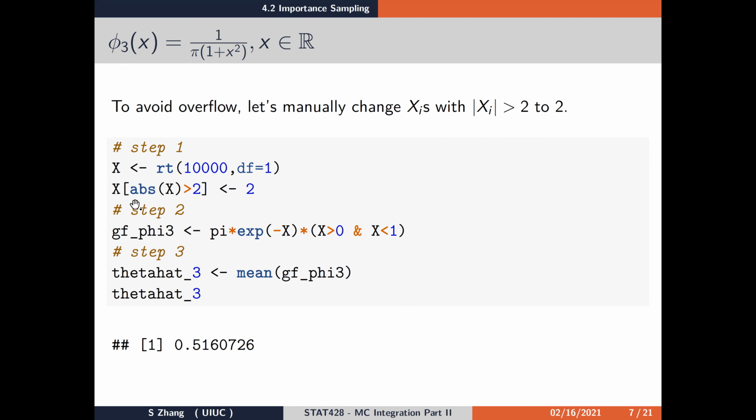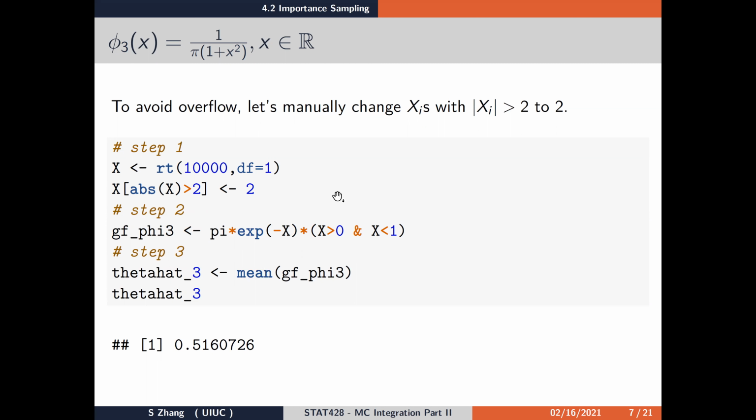We say that for any of the x's obtained this way that are greater than 2 in absolute value, so either x is greater than 2 or x is less than negative 2, we convert x to be equal to 2. That's fine. Changing the value is fine because we know for these, the evaluation of whether they're between 0 and 1 will fail anyway.